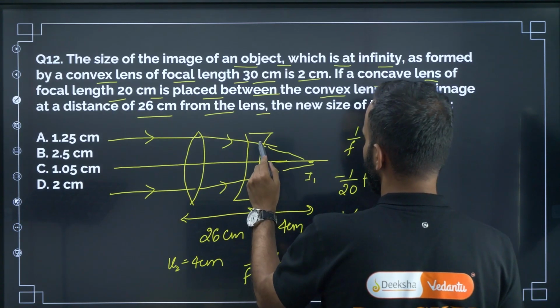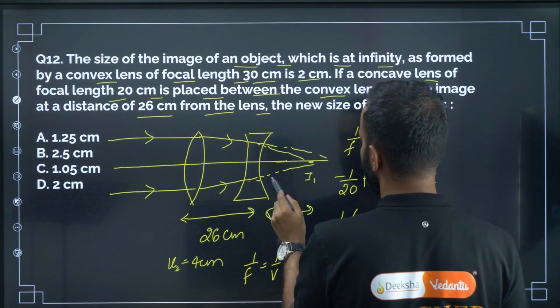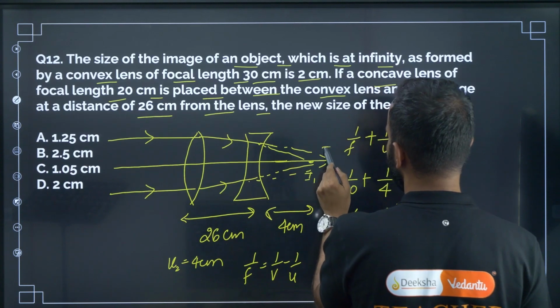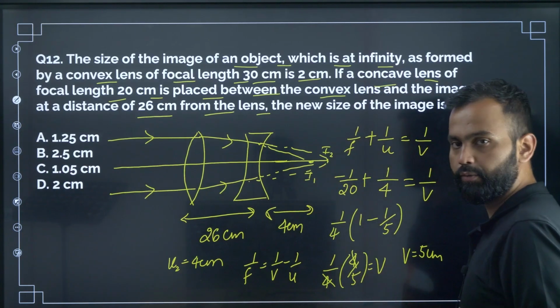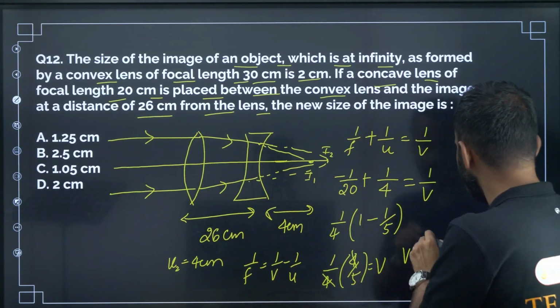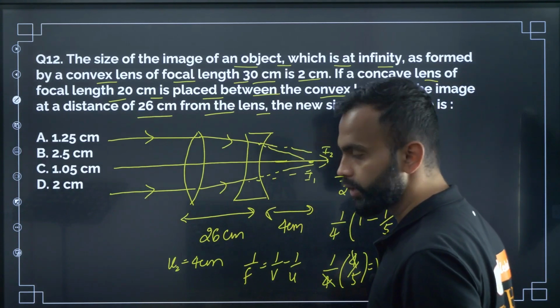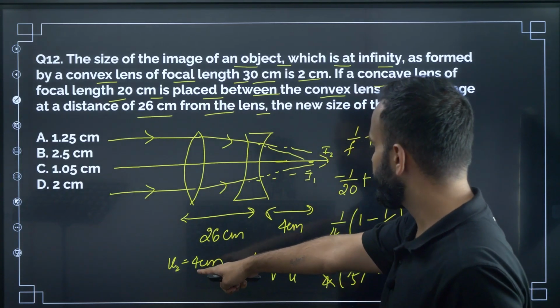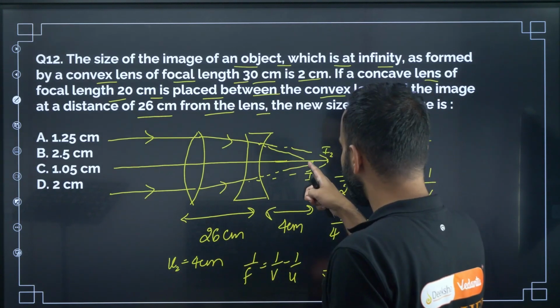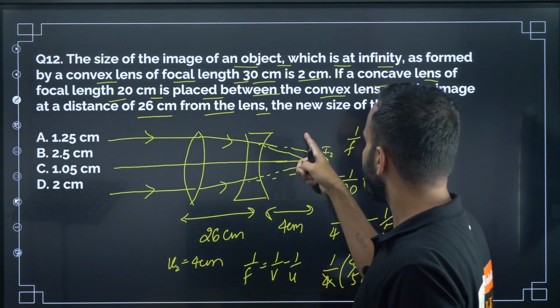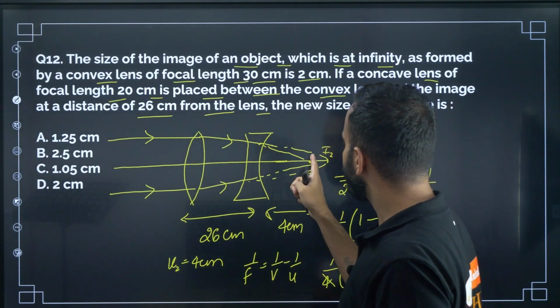So now the image will form at 5 centimeter. I2, V equal to 5 centimeter. Then let us find the new size of the image. What is the object distance? 4 centimeter. Here what is the size of the object? 2 centimeter. This image acts like an object for the concave lens.